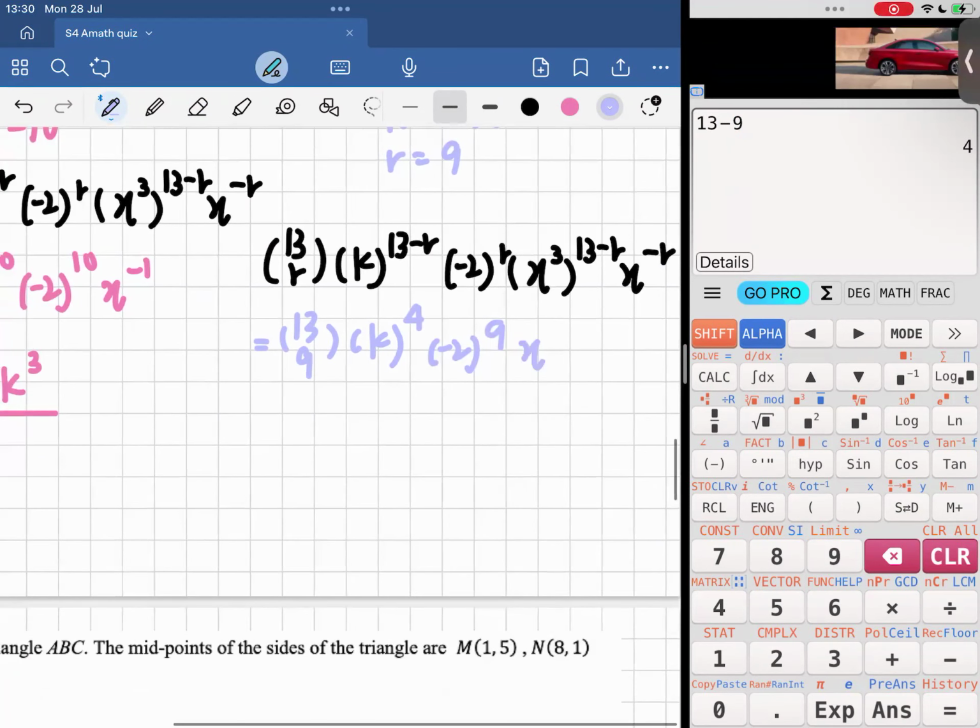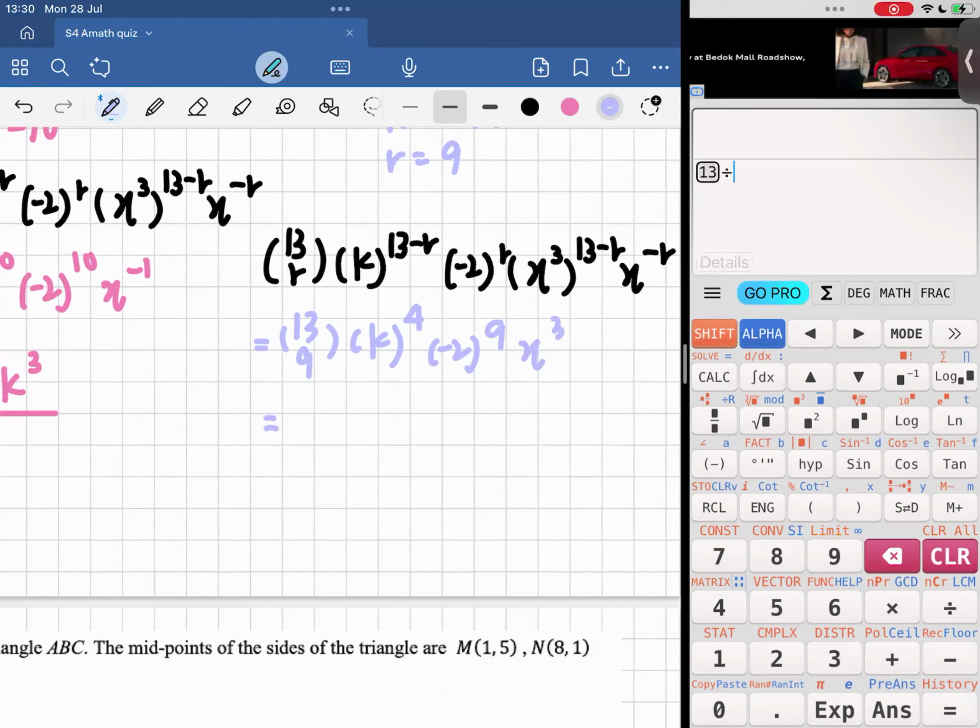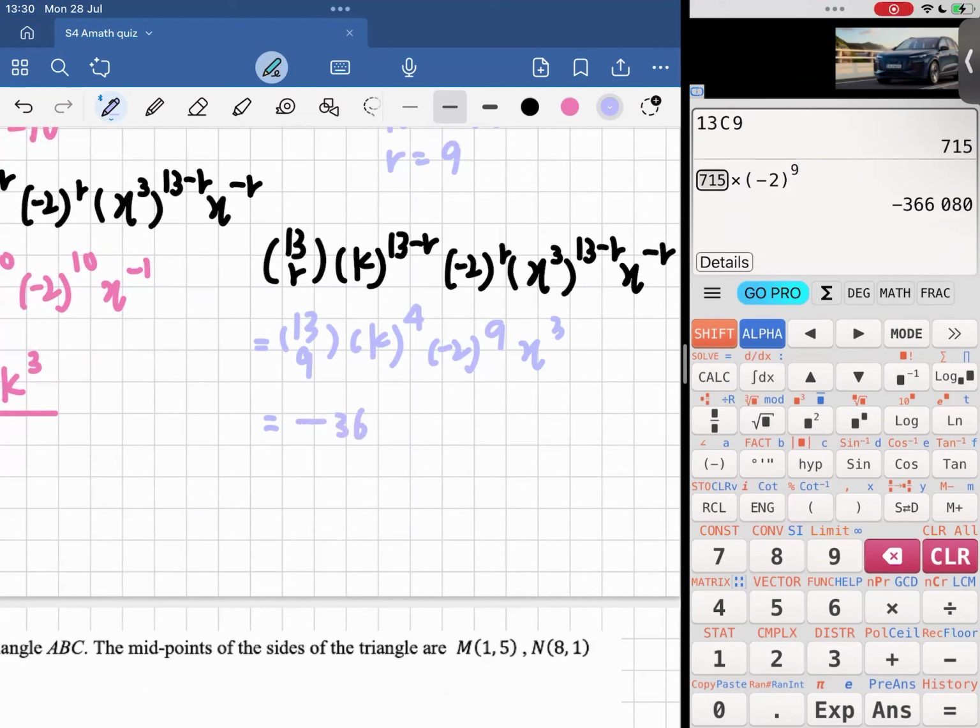You can do a quick check, but it should give me x cubed. 13 choose 9, so that's 715 times negative 2 to the power 9. This is minus 366080 k to the power 4 x to the power 3.